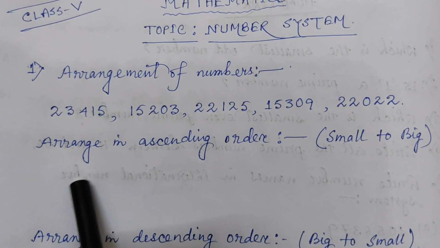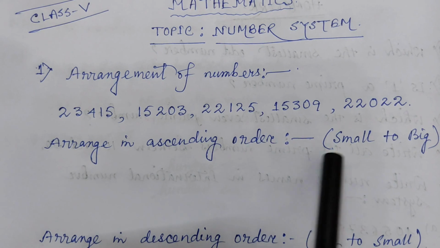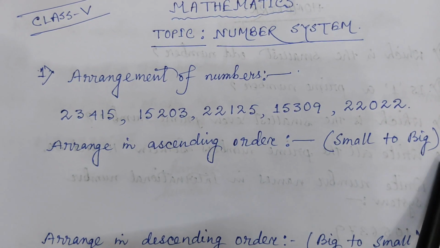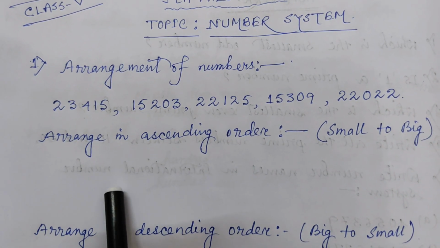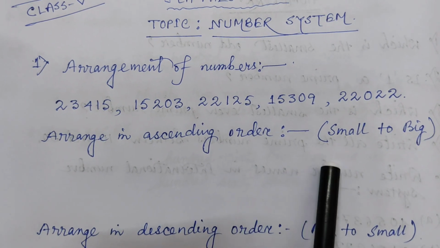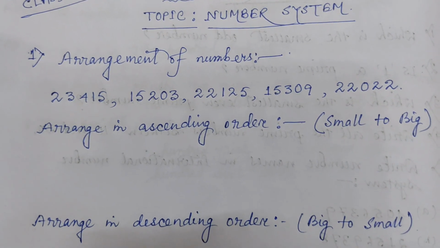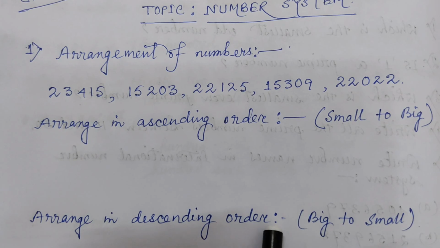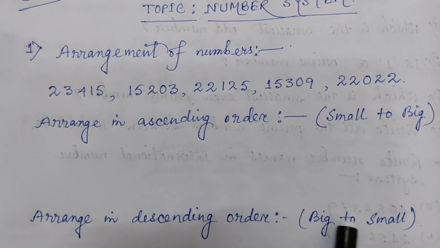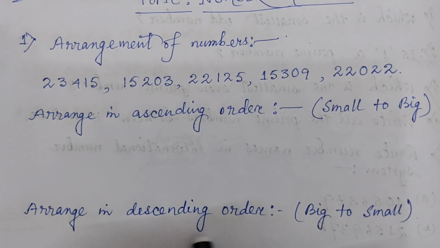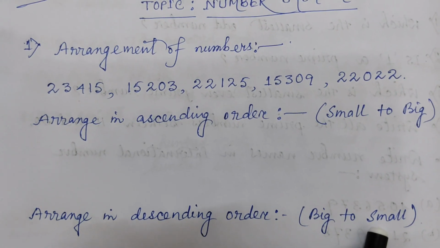Ascending order means small to big. First small number, then big number. And descending order means big to small. First big number, then small number.